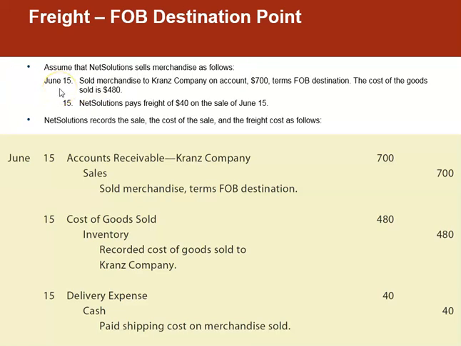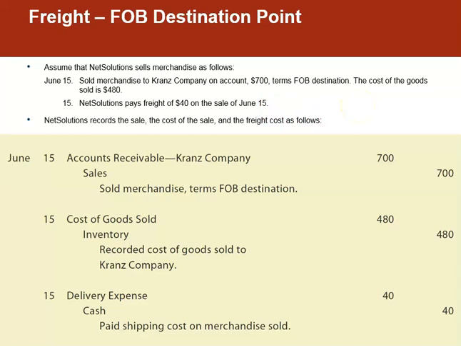On June the 15th, they sold merchandise to Krantz Company on account, $700, terms FOB destination, and the cost of those goods was $480. $480 cost to Net Solutions. Net Solutions pays freight of $40 on that sale.